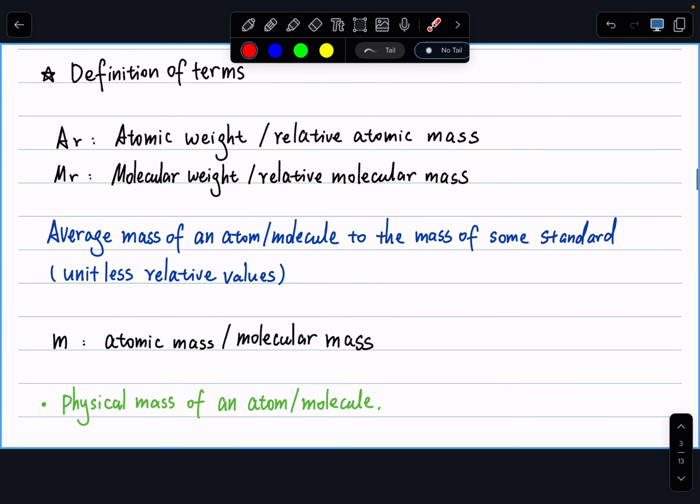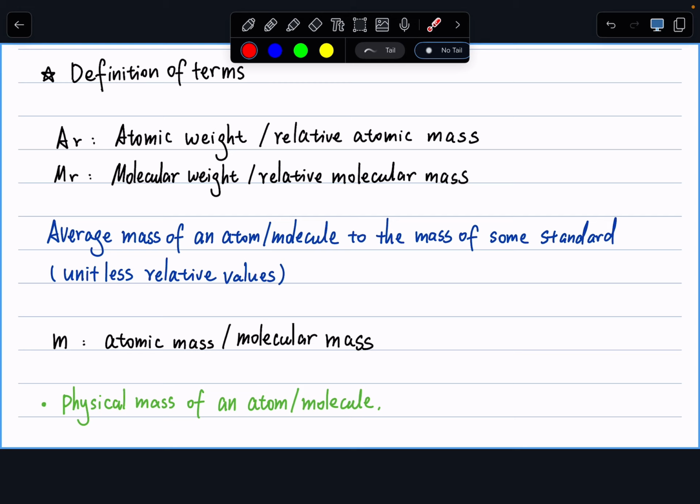It is a little bit confusing. Now we're talking about atomic weight versus atomic mass, or molecular weight versus molecular mass. These two are different kinds of things. In this lecture, whenever we talk about atomic weight or molecular weight, what we are saying is the relative atomic mass or relative molecular mass.